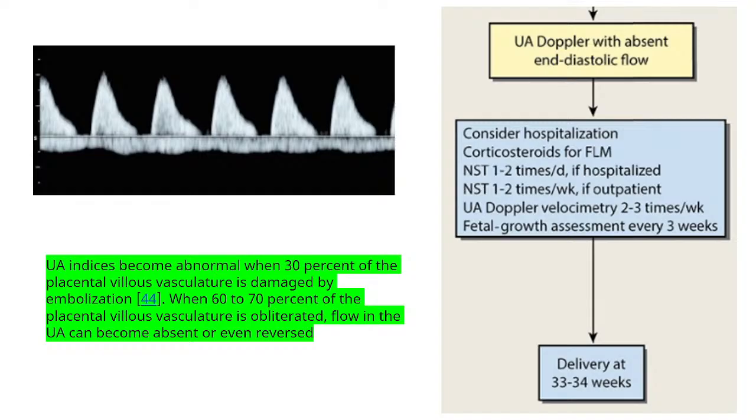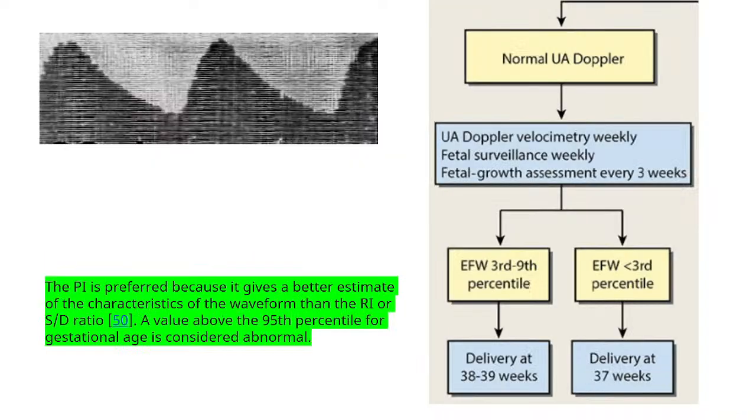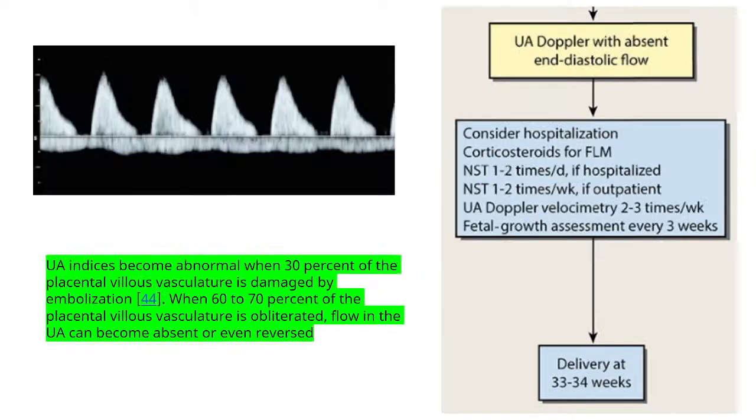So, here you can see, compared to the last diagram, there is no diastolic flow. This is called absent diastolic flow. Absent diastolic flow indicates more severe FGR.